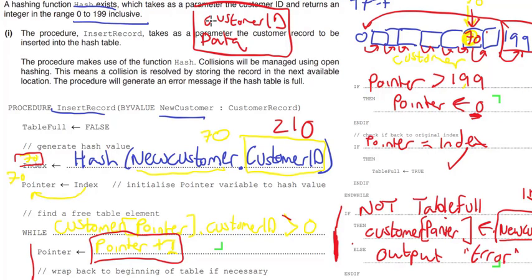If we're not, then it's going to keep going. If we are back at our original position, then it's going to say table is full. We will stop based upon if we find a free space or we get back to our index position. If the table is not full, then we're going to place our record inside whatever pointer we were on whilst we break the loop. Otherwise, we're going to have an error.